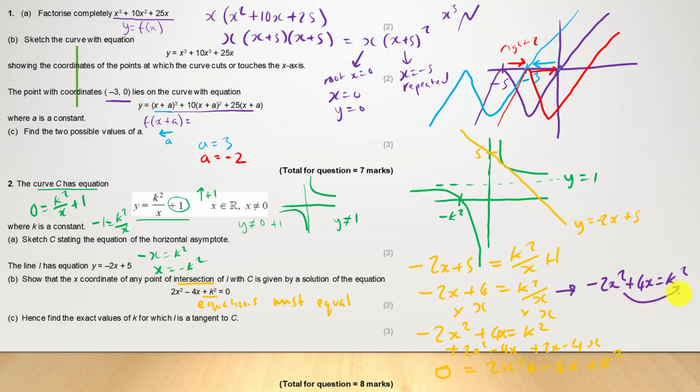We're moving all this to this side, so we're going to get k squared, but we're going to plus the 2x squared, and minus 4x, equals 0, which is what they asked, which is 2x squared minus 4x plus k squared equals 0. So that should all make sense, and happy days, we've aced this.